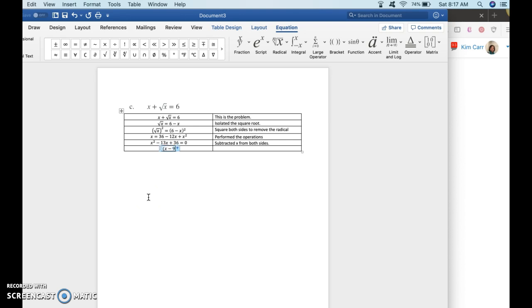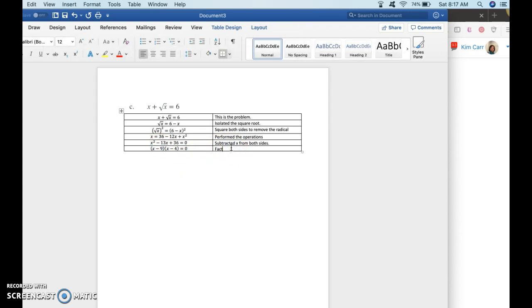So x minus 9 and x minus 4. And you see that. If you FOIL it, you get x squared minus 4x minus 9x plus 36 that combine back to give you the 13. So we factored.